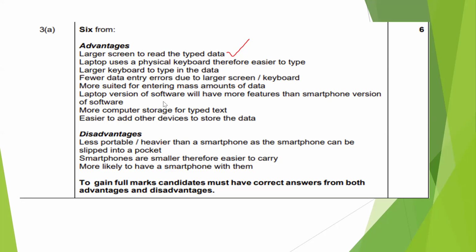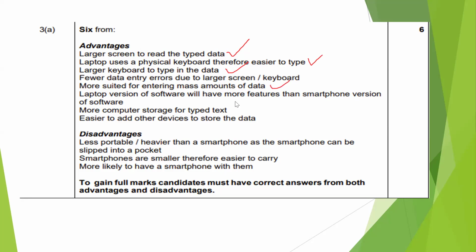Now see here from the marking scheme. The first is larger screen to read the text. So that is one advantage of laptop. Laptop uses a physical keyboard, therefore easier to type, as you have mentioned, separate keyboard. Larger keyboard to type in the data, fewer data entry errors due to large screen keyboard, more suited for entering mass amount of data.